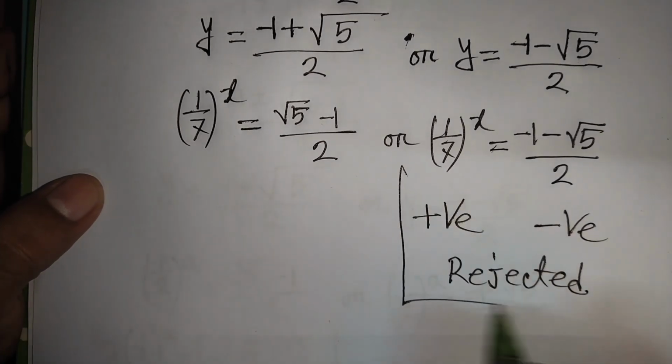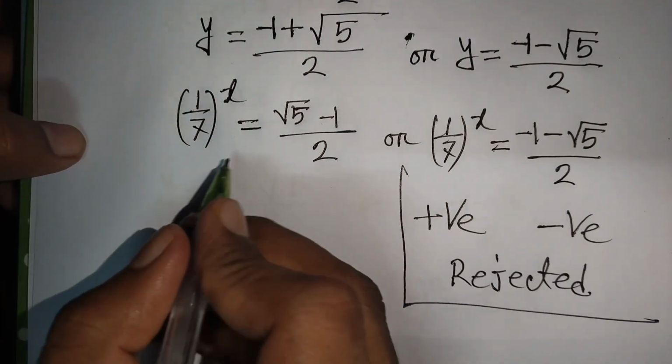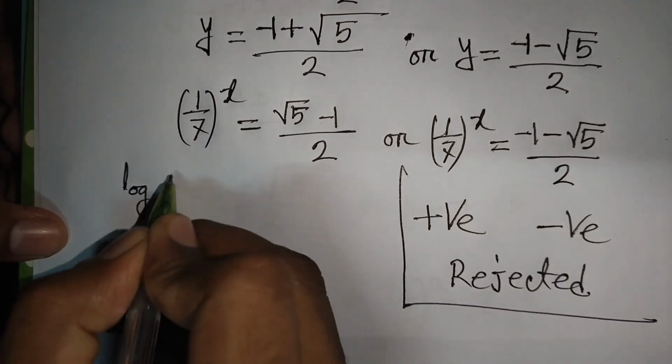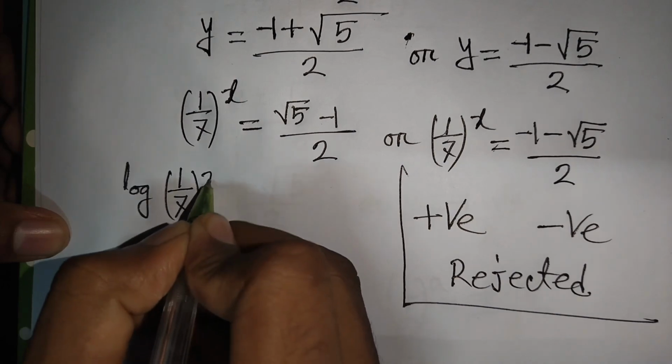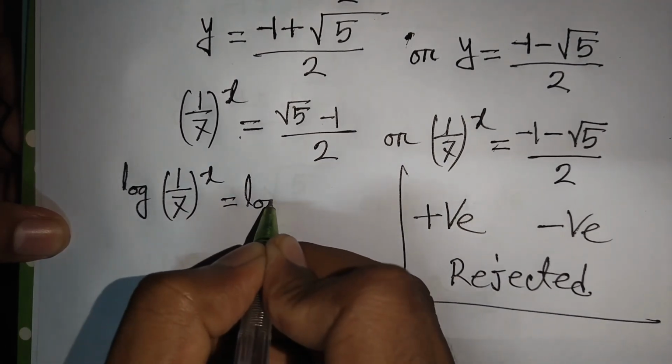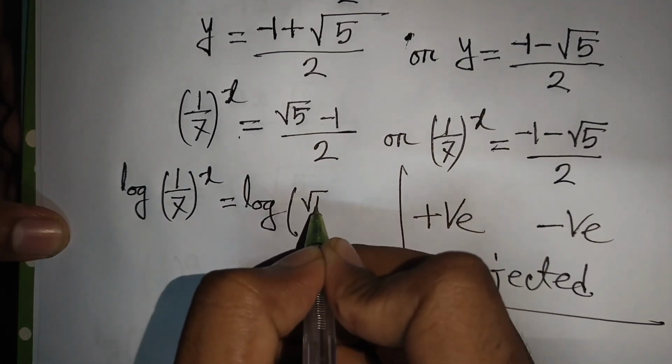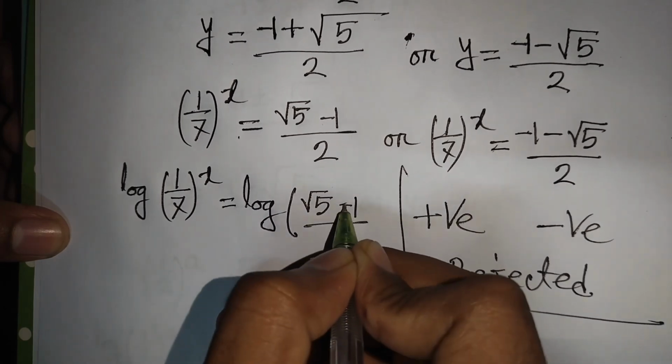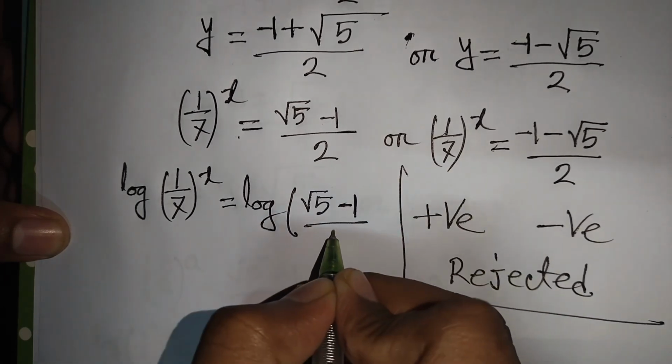Now from here we apply log on both sides. So you can write here log of 1 by 7 bracket power x is equal to log of square root of 5 minus 1 divided by 2.